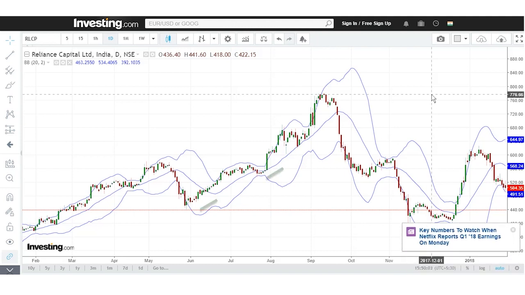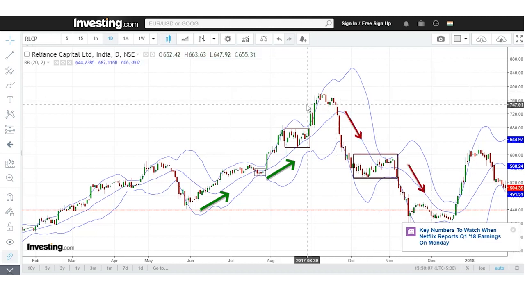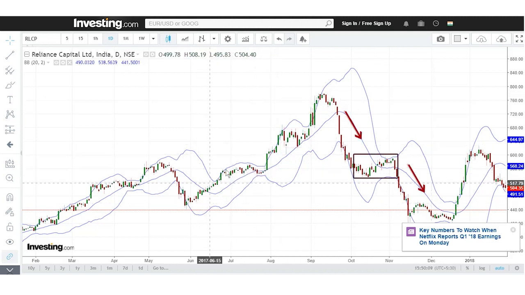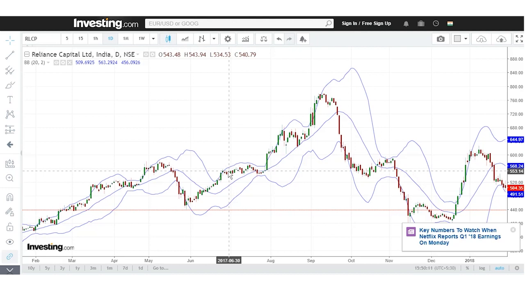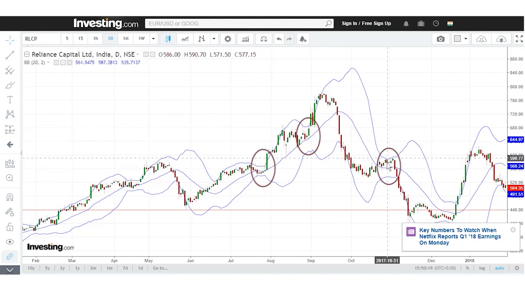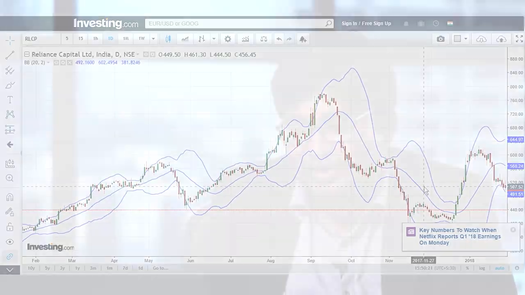First there is a fierce move and then there is a small consolidation. During that kind of situation, the Bollinger Band converges into a small pinch kind of formation. Here you can see a pinch, here you can see a pinch, here you can see a pinch.